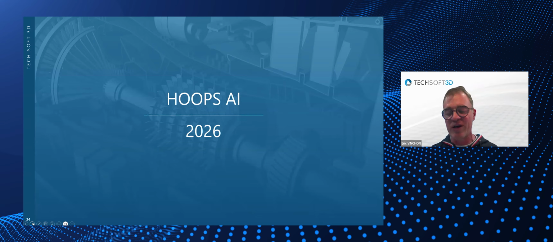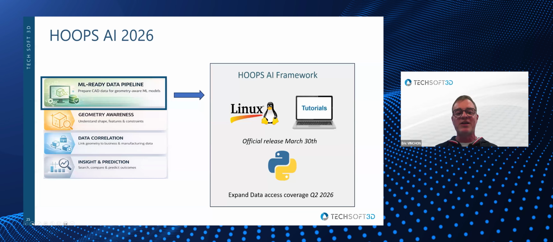I'm just going to give you a quick overview of what we plan to work on in 2026. Again, we've delivered a framework so far to help you transform your data. There is more work to do with these frameworks. We'll deliver Linux versions within a month. We'll add additional tutorials and we'll launch the official release of Oops AI, in the worst case, March 30 and probably earlier.